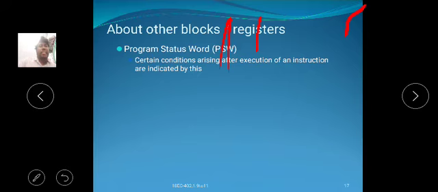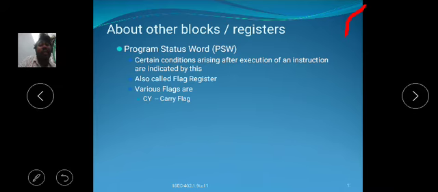Certain conditions arising after execution of an instruction are indicated by this, also called the flag register. The various flags are available in the program status word.